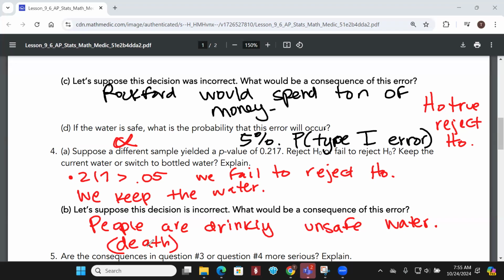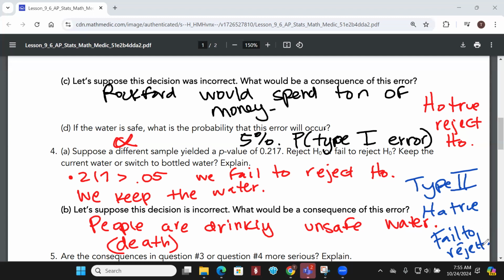Yeah. So type 2 error. Ready? Type 2 is that the HA is true and you fail to reject the null. Okay. Are the consequences in question 3 or 4 more serious?